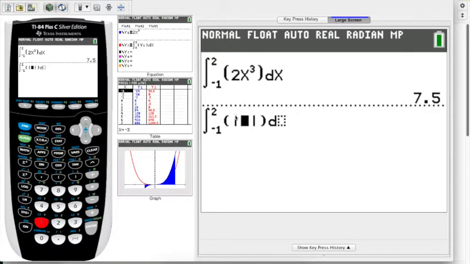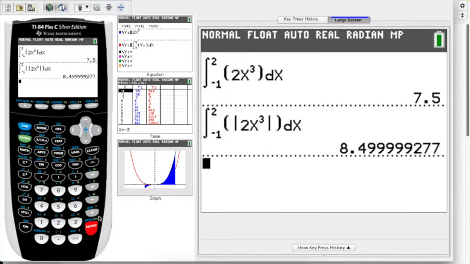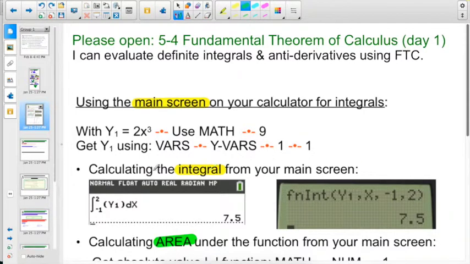And you can see we have absolute value symbols up here now. 2x cubed dx. And as you can see, now we get the answer of 8.5, as if we made every region from -1 to 2 a positive region. So we have the capability of doing both a definite integral and a total area calculation really quickly.